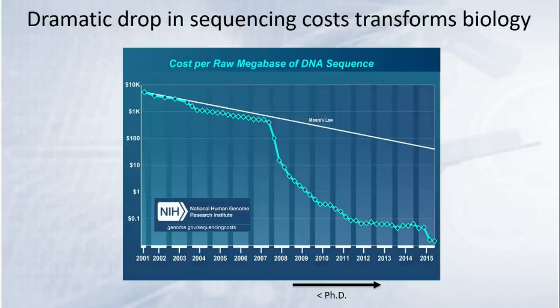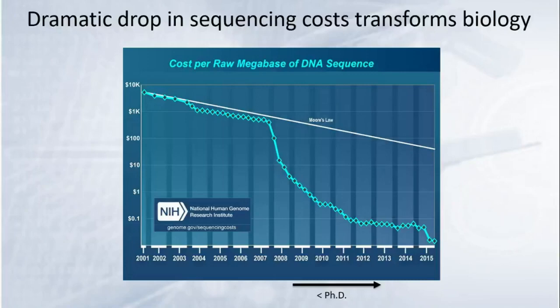What makes this possible, although these processes have been around for a long time, is the dramatic drop in sequencing costs that has taken place over the last several years and has really transformed many areas of biology. This is a very commonly used slide from the National Institutes of Health that shows the cost of sequencing a megabase of genome over time since 2001, since the first completion of the Human Genome Project.